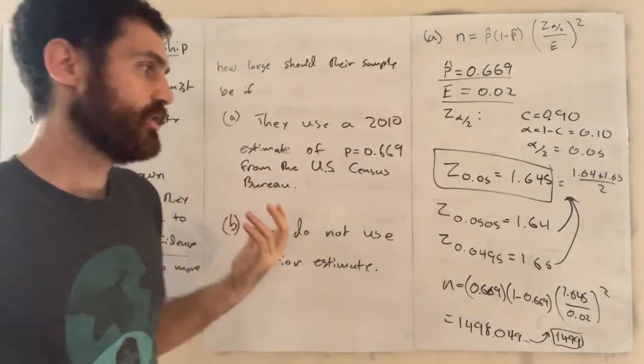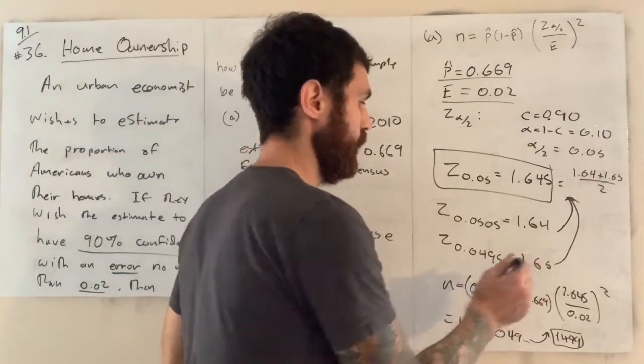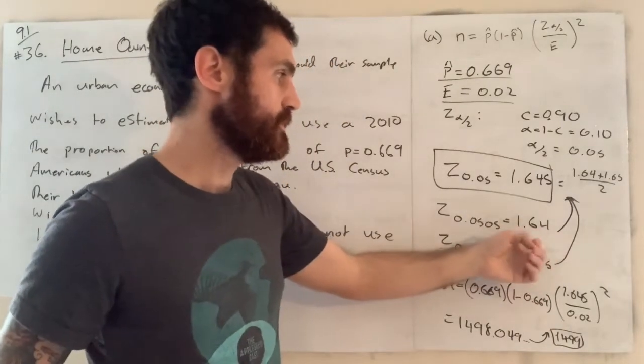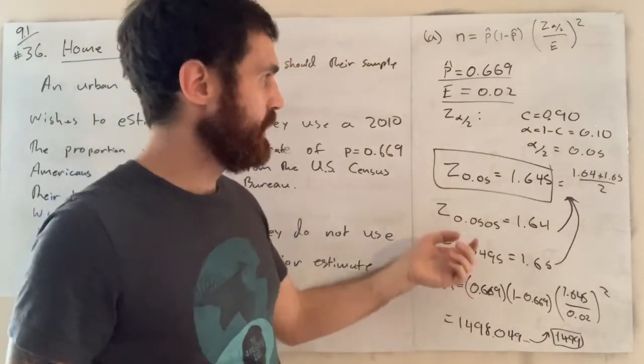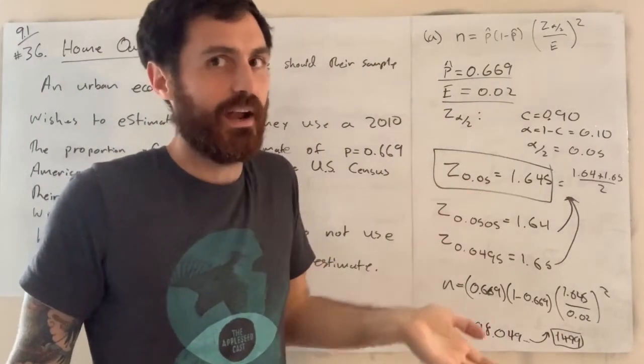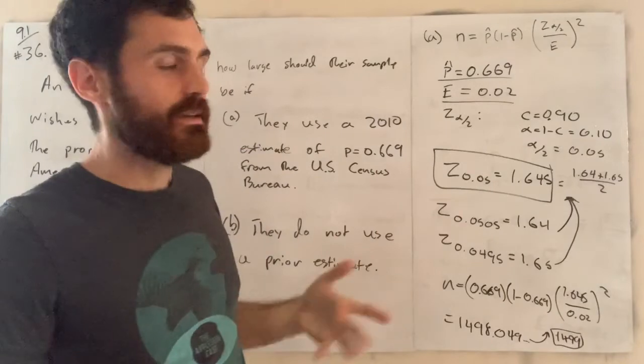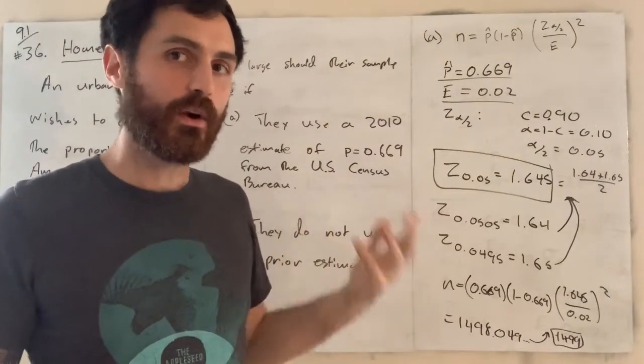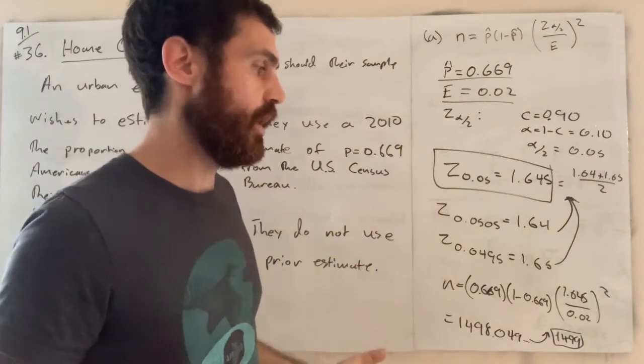So this is actually where you might be thinking, well, which one should I use? Just use one of them and maybe bump your sample size up by 100 or something like that. It depends exactly on what you're working with, and it depends what your answers are.